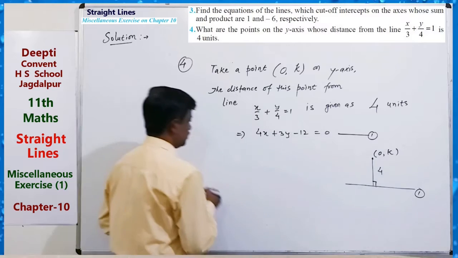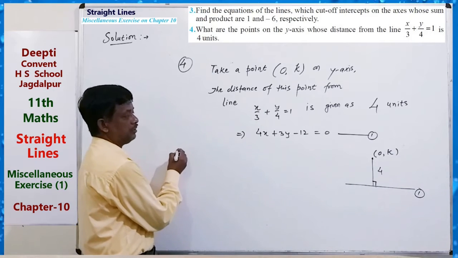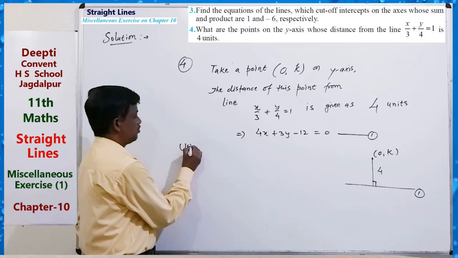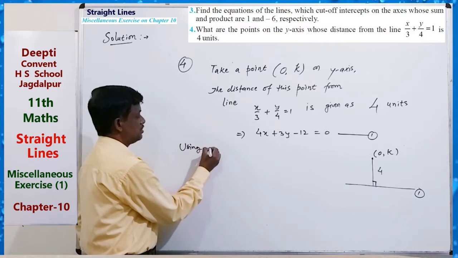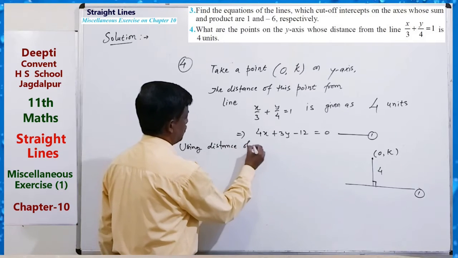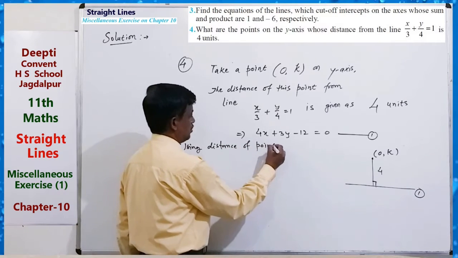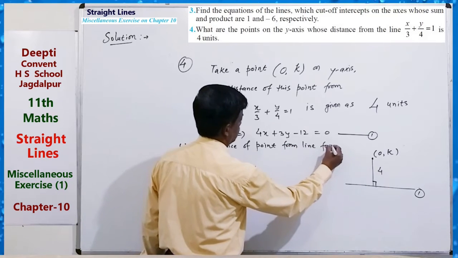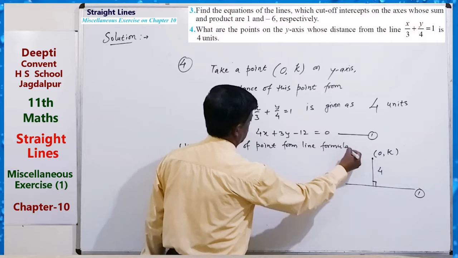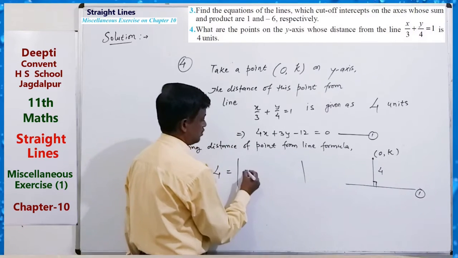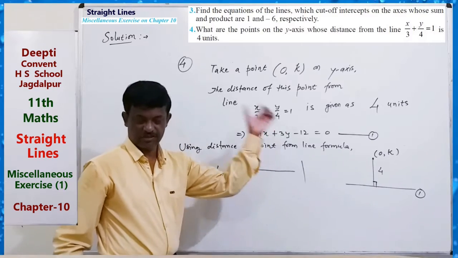Okay. So, using the formula for distance of a point from a line, 4 equals to... just write the equation.